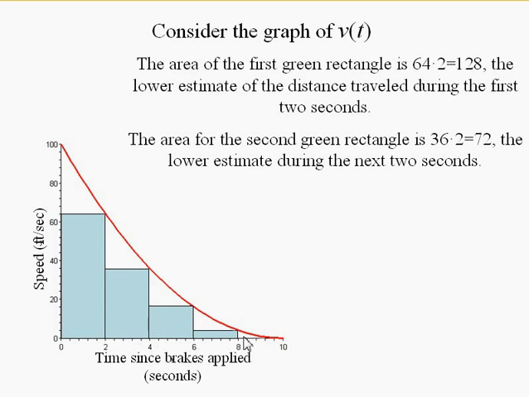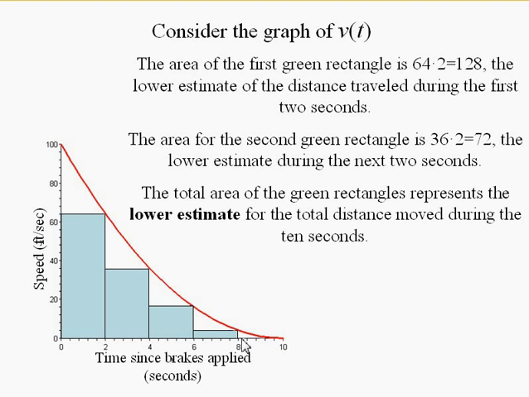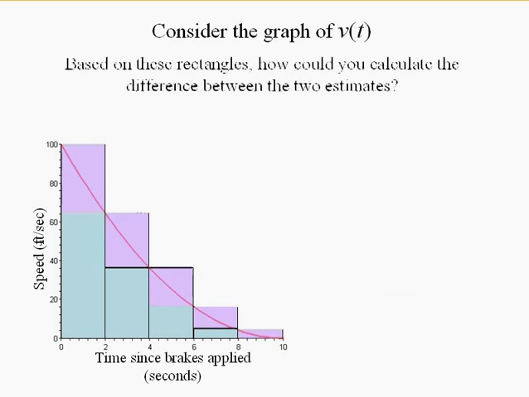So on and so forth, and then you can't see the rectangle here because remember this last one had a height of 0, but there's a fifth rectangle here, it just happens to have an area of 0. So these 5 rectangles give us the lower estimate that we calculated earlier, and they're known as the right-hand sums. Here they are plotted together.